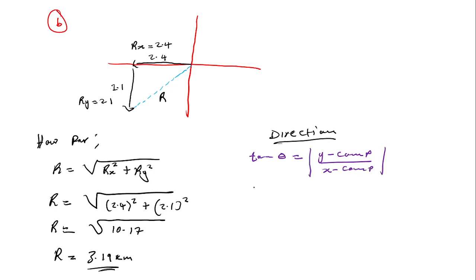So tan theta is equal to the y component, which is 2.1, over the x component, which is 2.4.